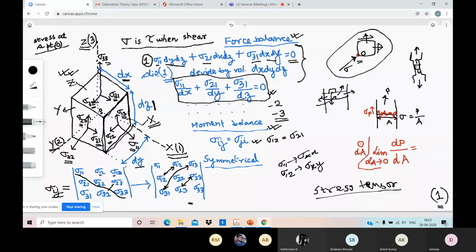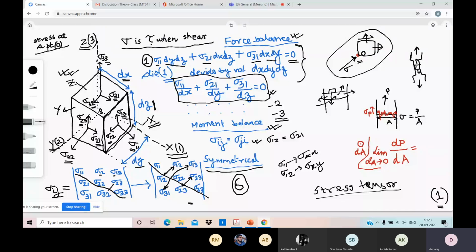As a result, you will find that the stress tensor is a symmetrical tensor. So ultimately, how many independent stress components are there? There are 6, because if you know 6 components, 3 normal and any 3 shear stress values, you can complete writing the tensor.